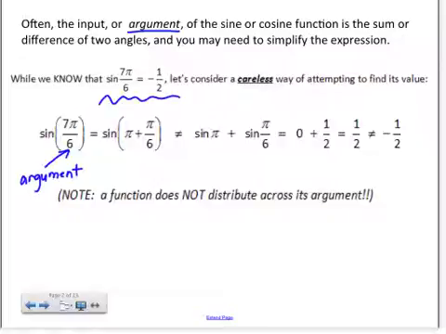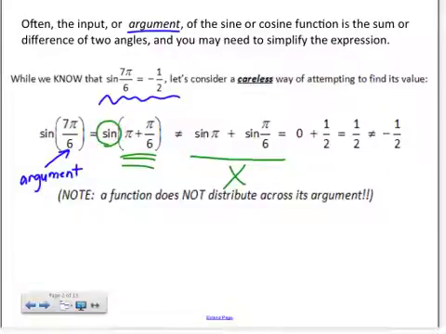One way to break down 7 pi over 6 is pi plus pi over 6. Now, some of you have tried to do this little technique, and that is wrong. Sine is a function. It is not a coefficient to be distributed across the parentheses.